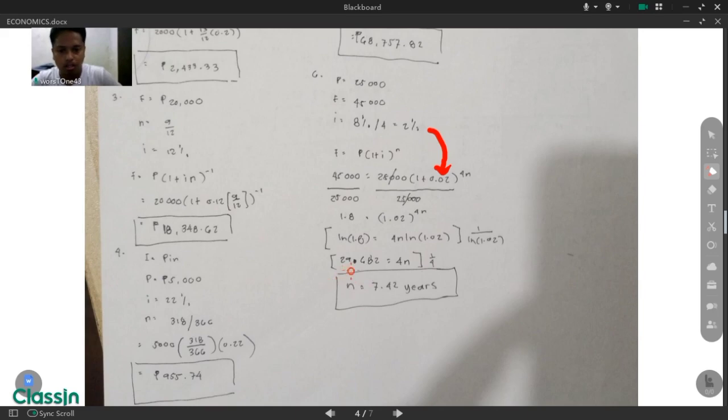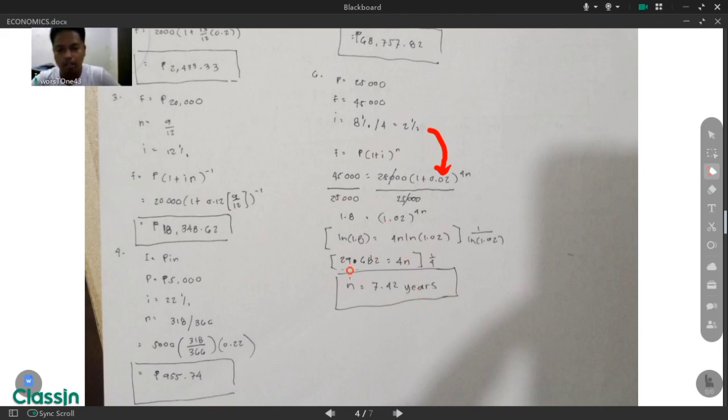Thus we came up with an answer of 29.682, which equals 4n. Dividing it by 4, or multiplying by 1/4, we have n equals 7.42 years.